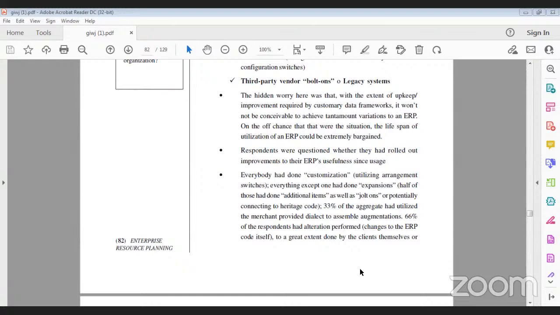Then 66% of the respondents had performed changes to the ERP code itself, to date done by the clients and framework, to the degree of client modification of the seller's ERP also.